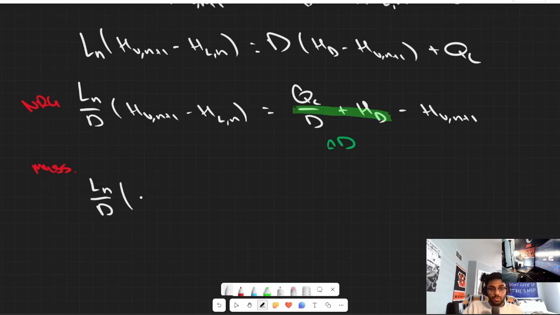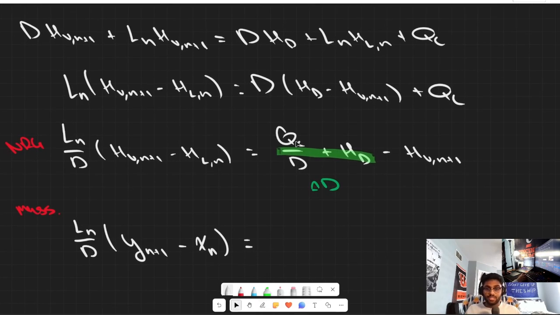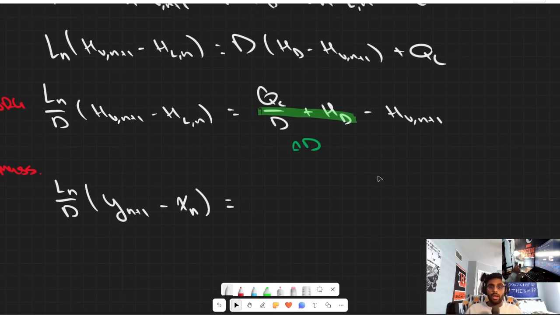Now what we have is our y n plus 1 term minus that x n term equals, we didn't have this QC term anymore, so I don't have to transfer that down. This HD turns into our distillate mole fraction minus y n plus 1.